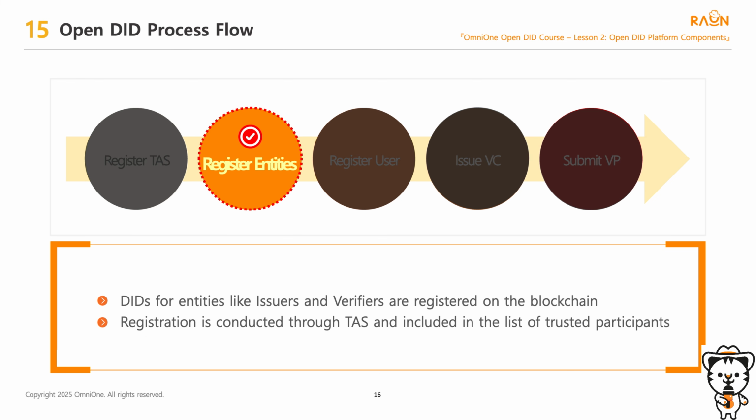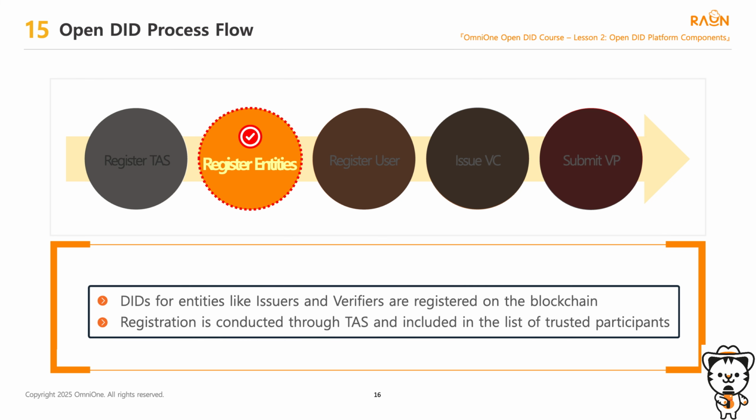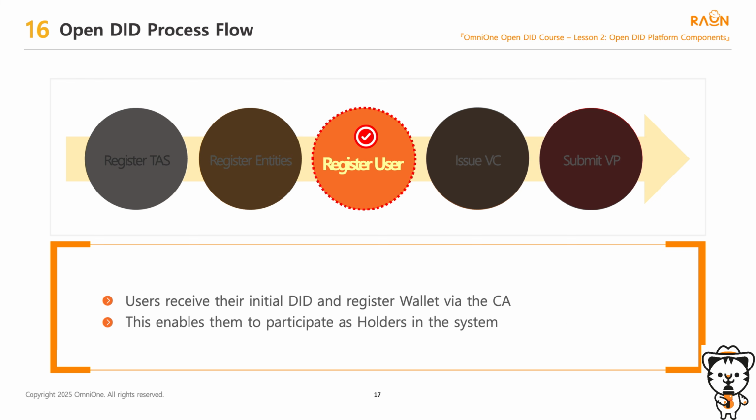Next is entity registration. After the TAS, which acts as the starting point of trust, has been registered, service participants like issuers and verifiers are then registered on the blockchain through the TAS. By registering their DIDs via the TAS, they become part of the trusted list of participants. The next step is user registration.